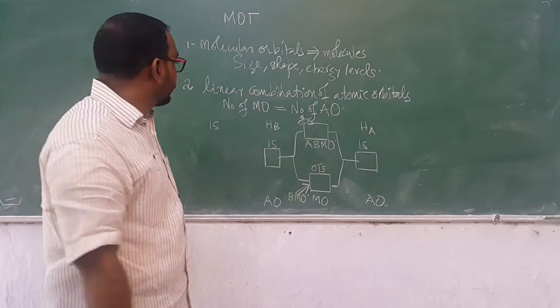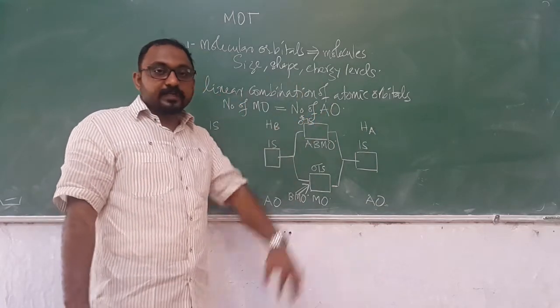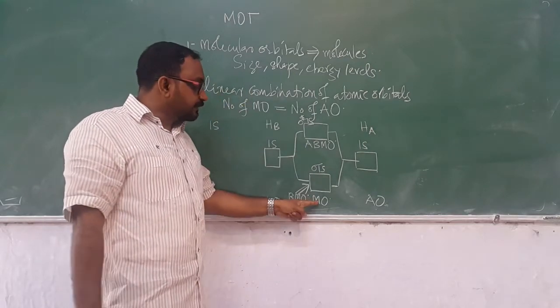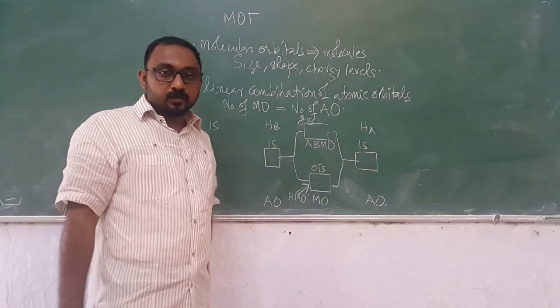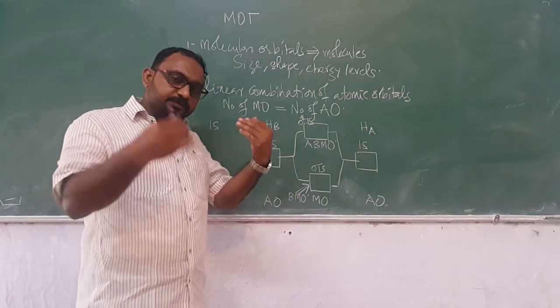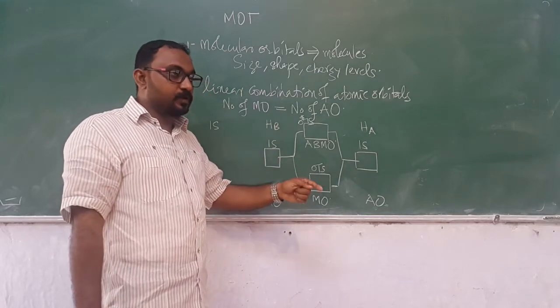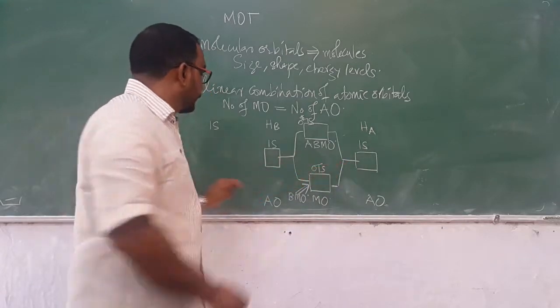We are understanding that molecular orbitals are formed by linear combination of atomic orbitals. There are two types: one is bonding molecular orbital, the other is anti-bonding molecular orbital. You have to say it like this: a bonding molecular orbital is a molecular orbital which has lesser energy than the starting atomic orbital.